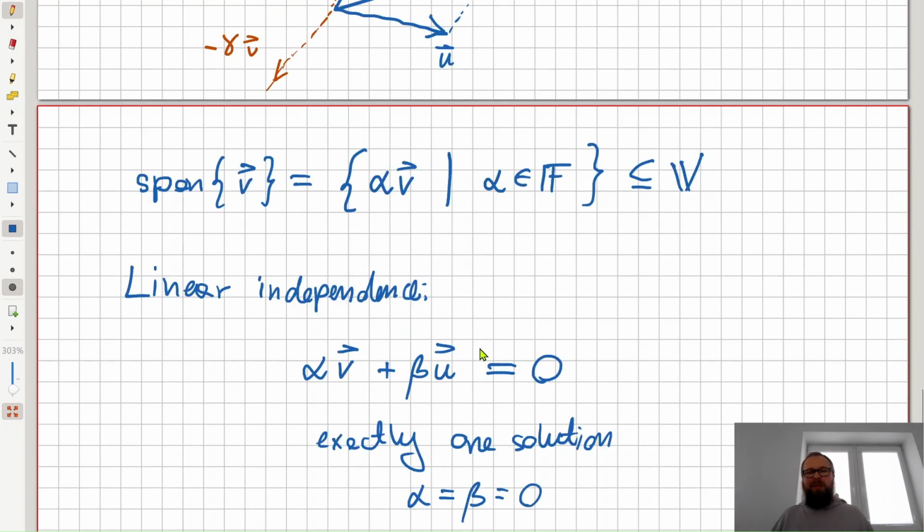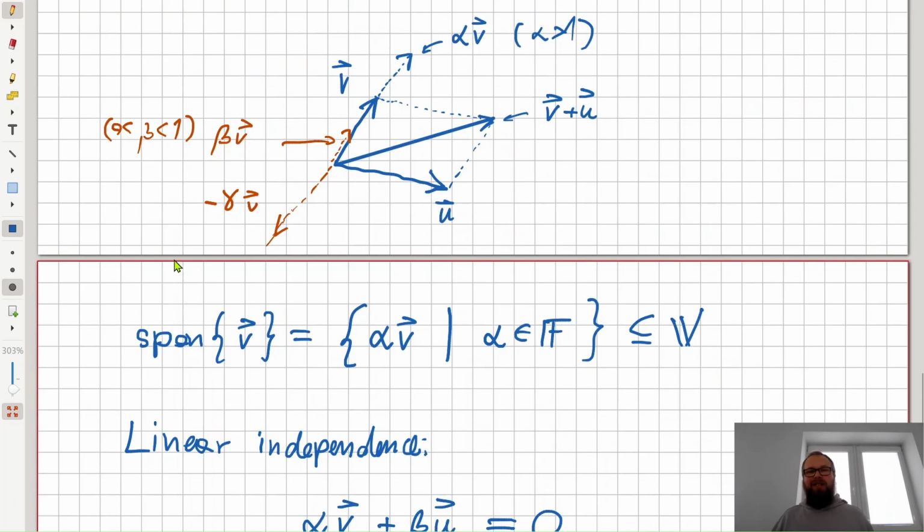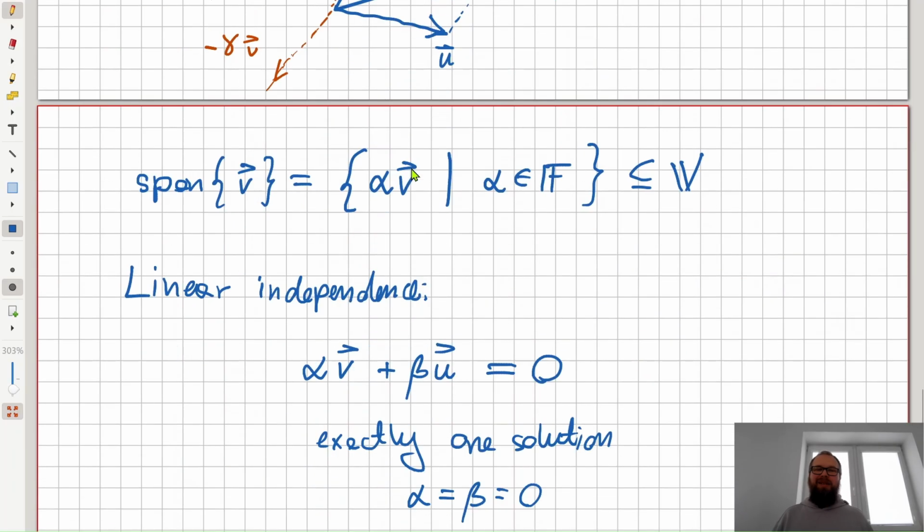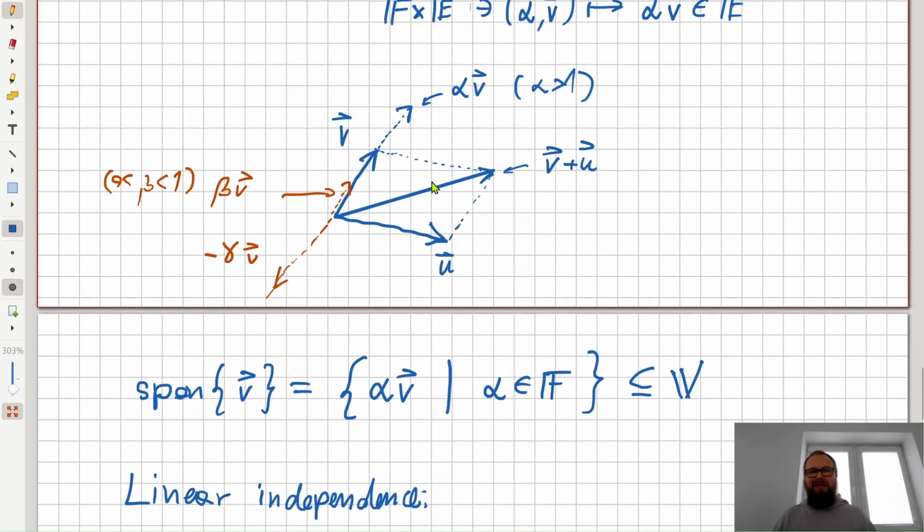So we picked U. It's not in a span. V is not in the span of U. They are independent, but all other vectors are linearly dependent. In other words, if I took sums of vectors from those two spans, I will span the rest of my space, basically.